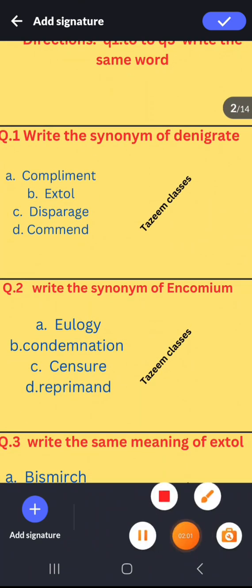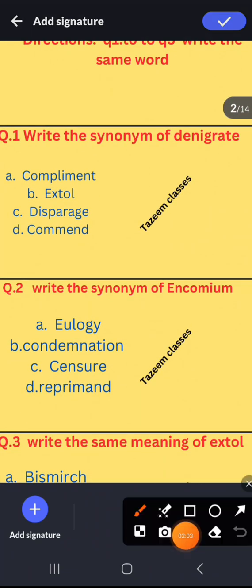Question number 2 is, write the synonym of encomium. So what is the meaning of encomium and what will be the same word as encomium? Here are the options: eulogy, condemnation, censure, and reprimand.